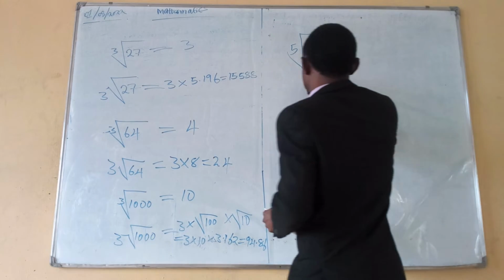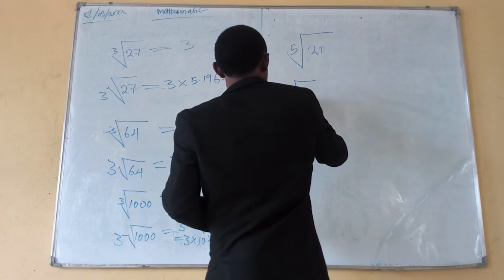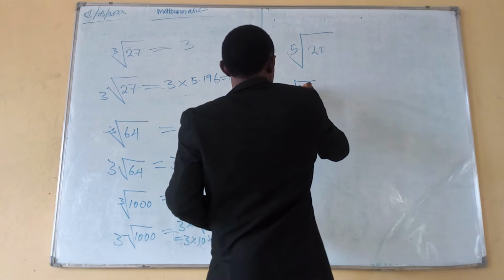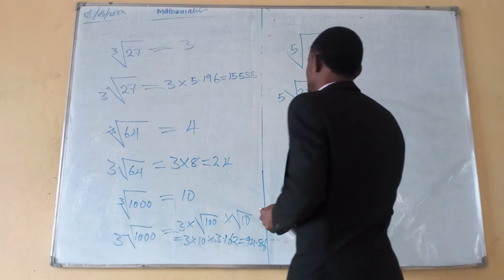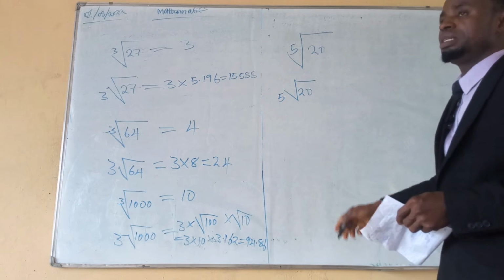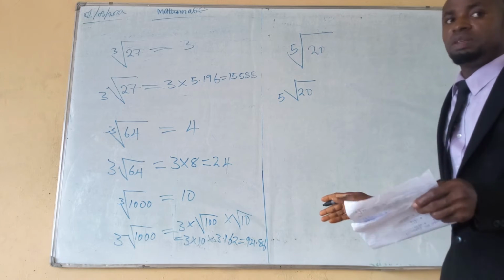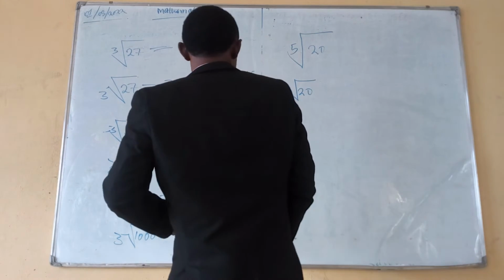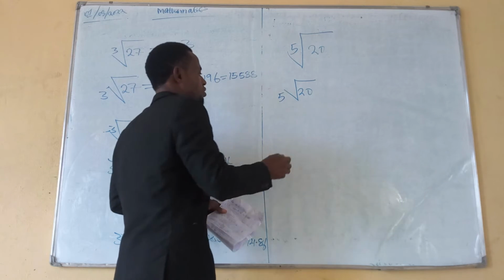But if you write like this, 5 to 20. Okay? This is telling us 5 times the root of 20. They are two different things. So always know the correct thing to write.